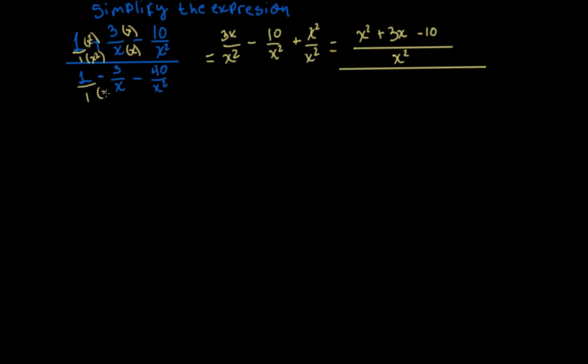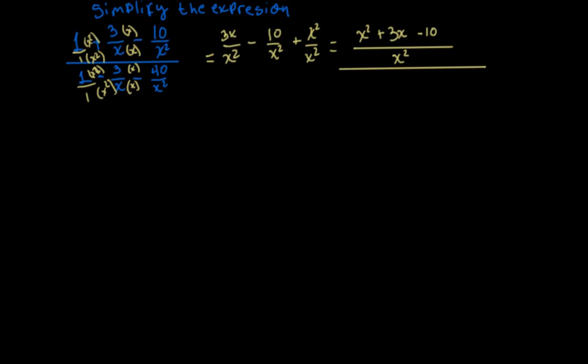Remember that this is 1, so I'm going to multiply 1 by x squared, and this I'm going to multiply only by x, because these make the denominator x squared. So again, I do the same thing.